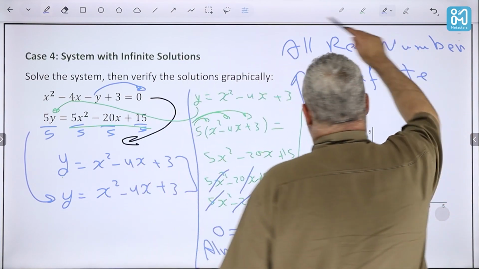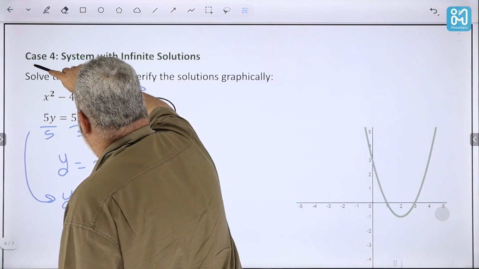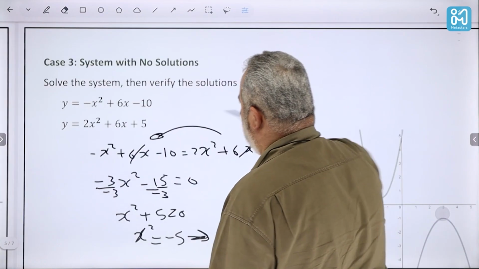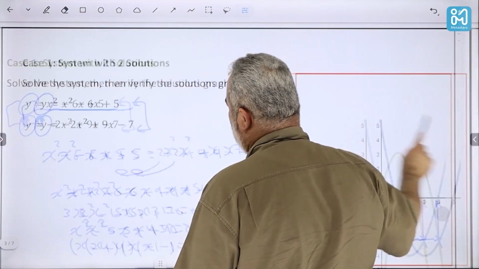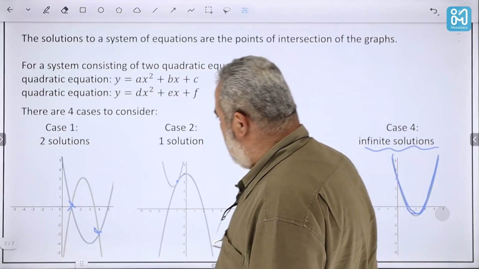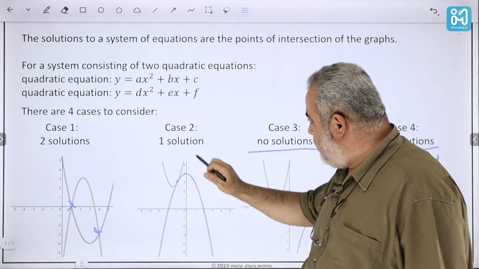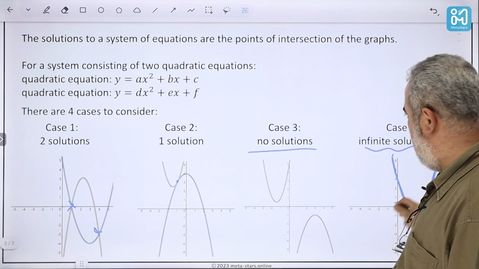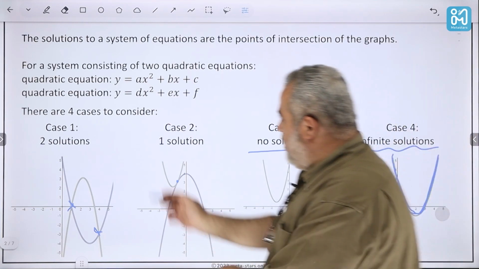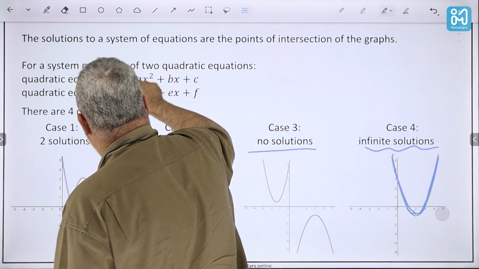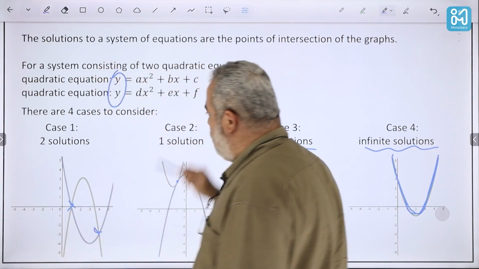This is the four cases we discussed at the beginning. Here, this is when we have two solutions. This is one solution, no solution, infinite solution. We combine these two together to get one new equation.